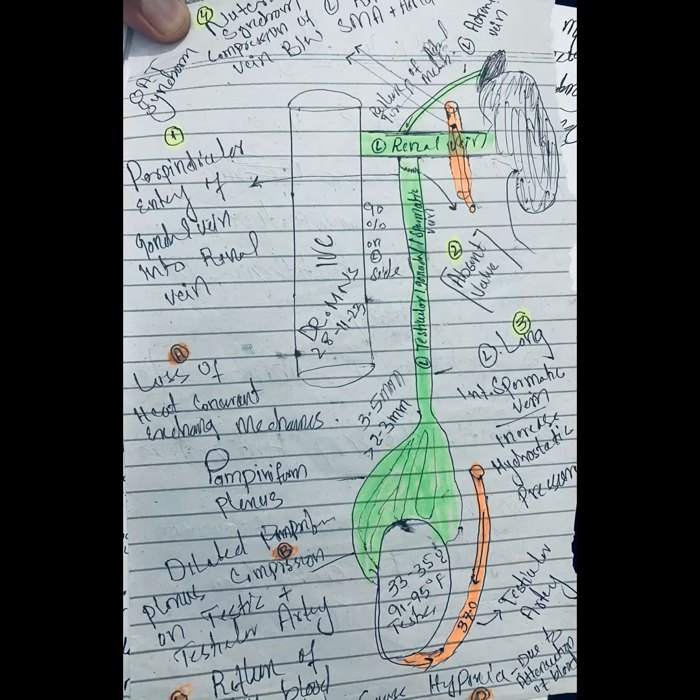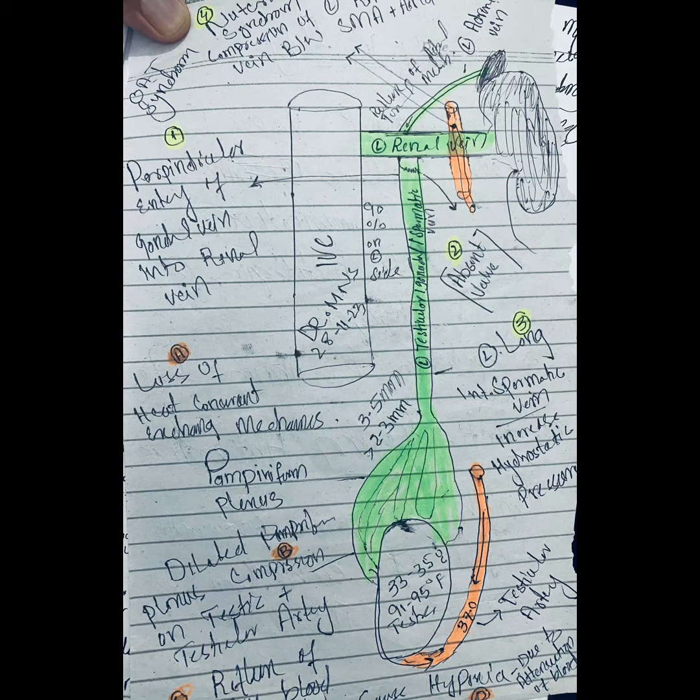Now let's discuss why varicocele formation occurs and why it is more common on the left side. The reasons include that the left testicular vein, as we have already discussed, unlike the right one, joins the left renal vein instead of the IVC.